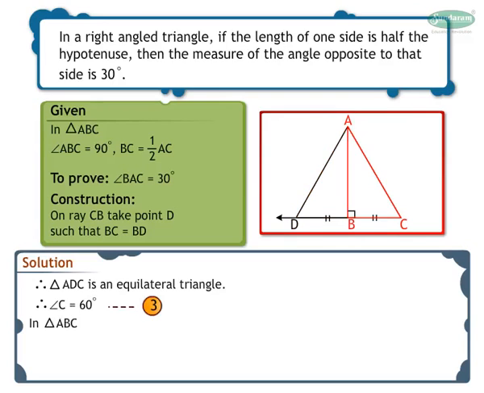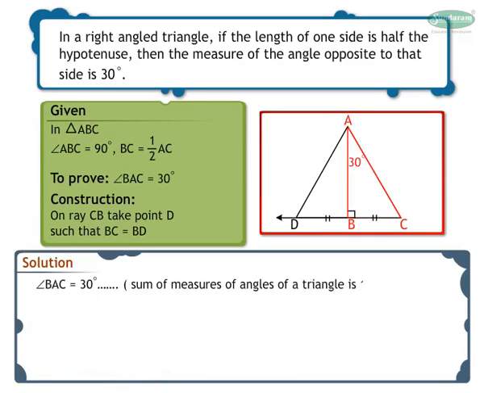In triangle ABC, it is also given that angle ABC is equal to 90 degrees. Angle BAC is equal to 30 degrees, since the sum of measures of angles of a triangle is 180 degrees.